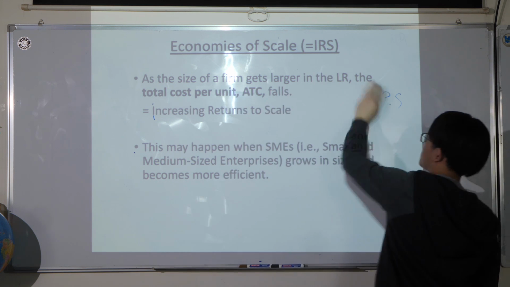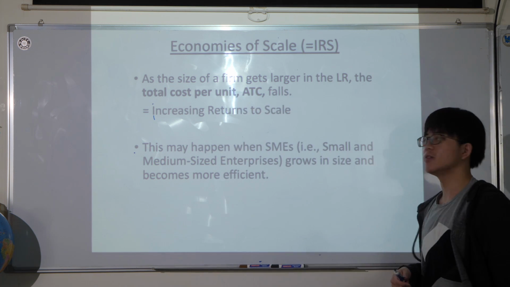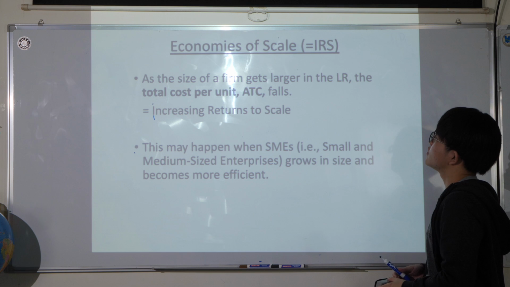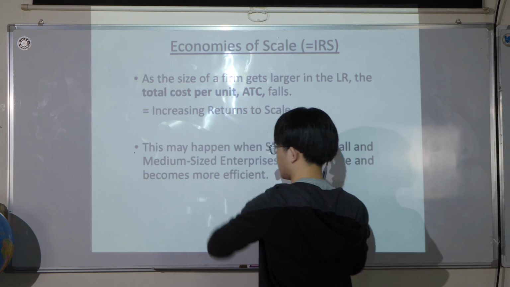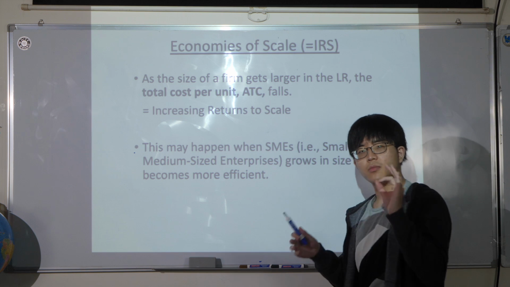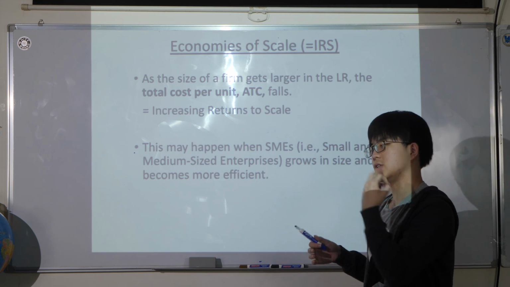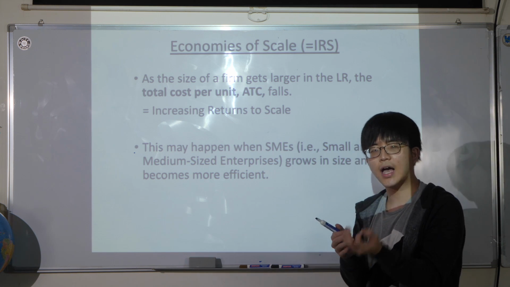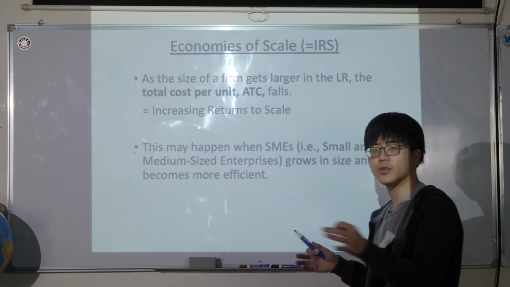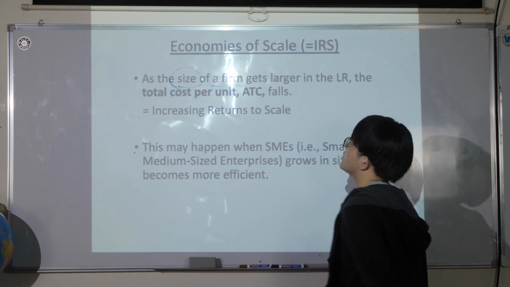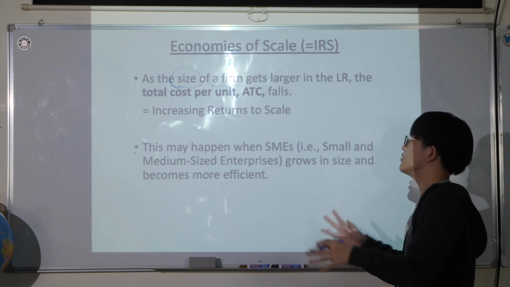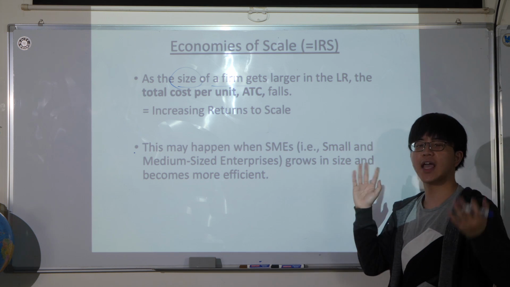So here is an explanation for economies of scale. I'll just explain everything. The most important thing is to understand how it works, how it is possible for economies of scale to happen. And usually it is related to the size of the firm. If the size of the firm is larger in the long run, this means that ATC can be lower.